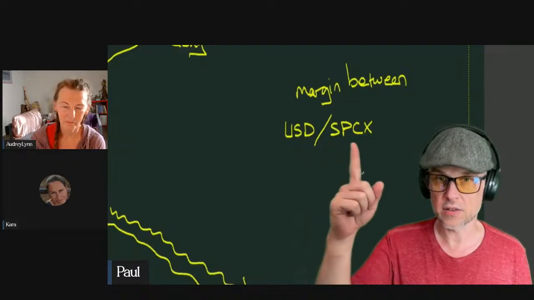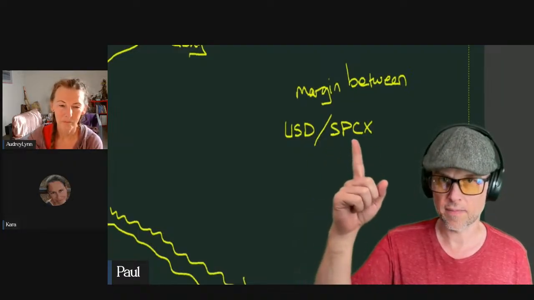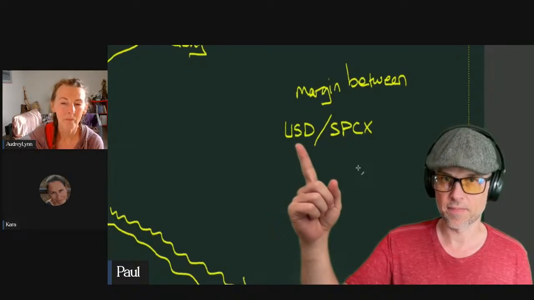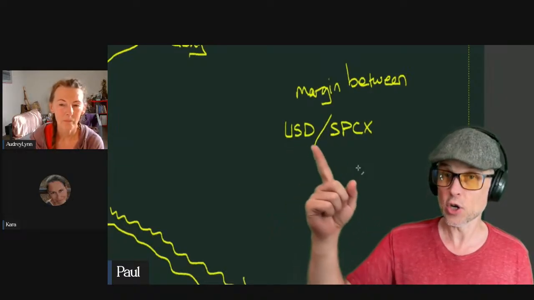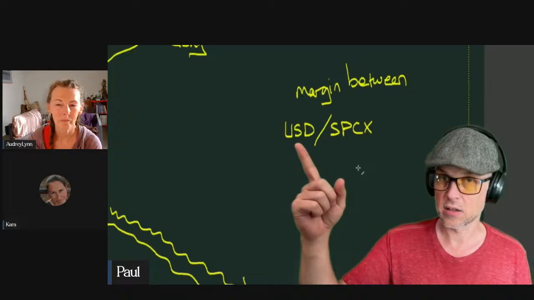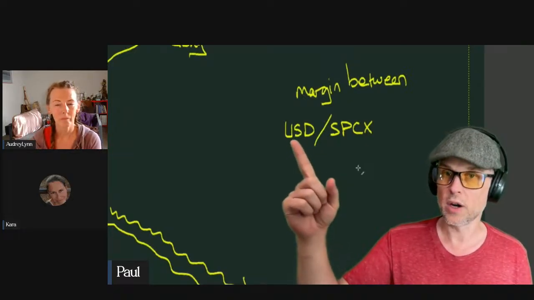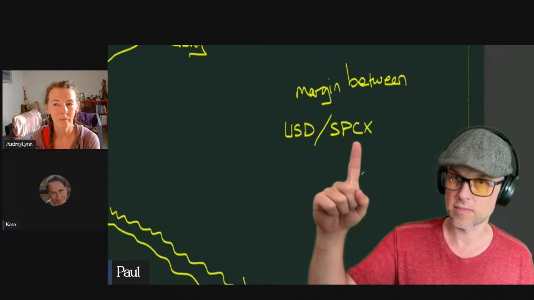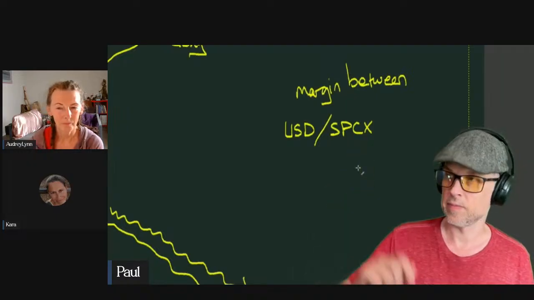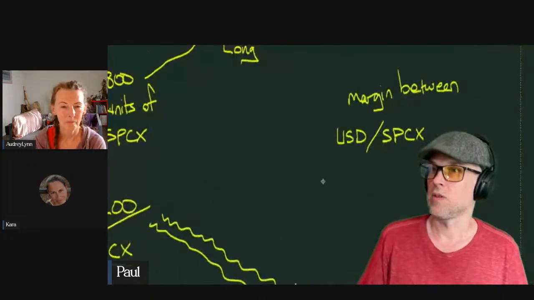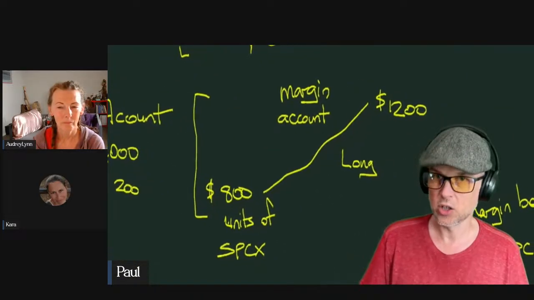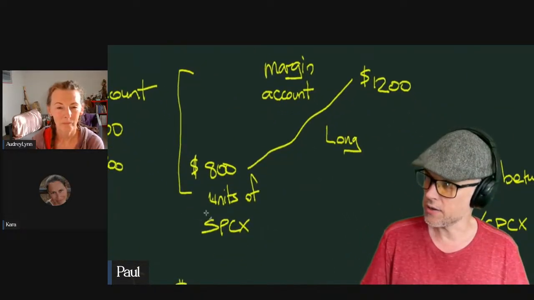If you put in SpaceX, it's because you bought it. If you're putting in USD, it's because you want to purchase SpaceX later when it's at a better price. So if you are going long, you're buying SpaceX.